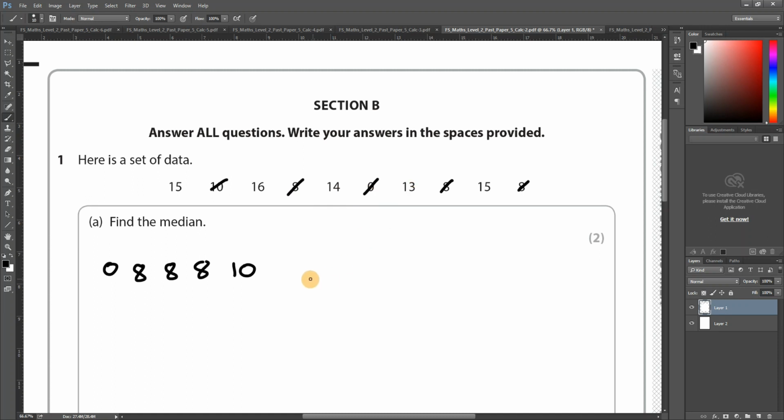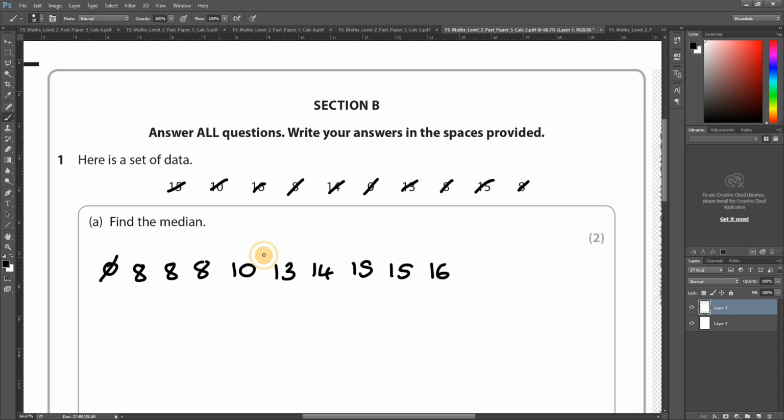Then I've got 13. 14. 2 15s. And a 16. Yeah, that's all of them. Can you see I've crossed them all off? So now I need to work my way towards the center.